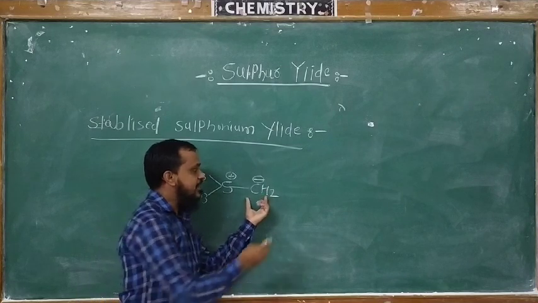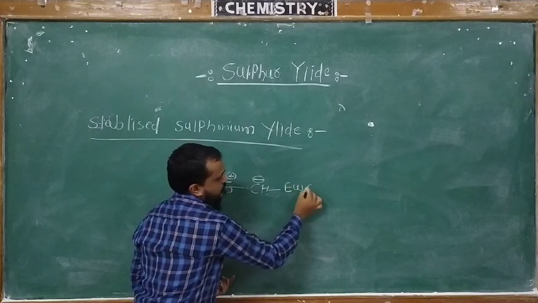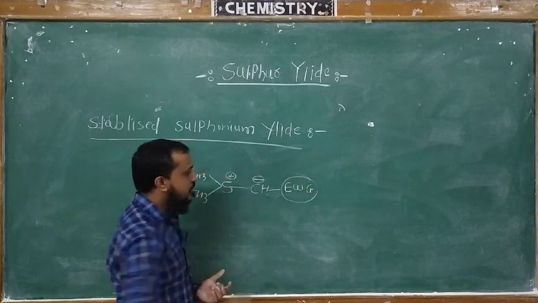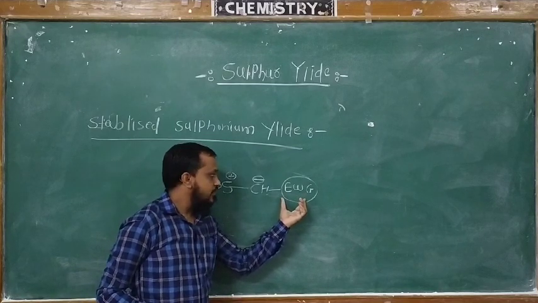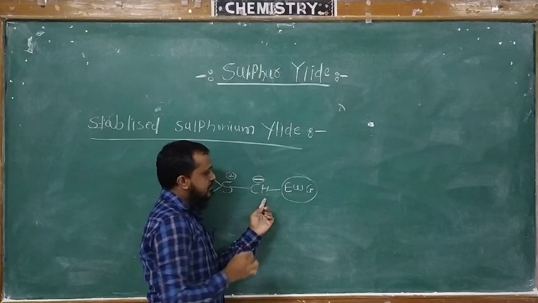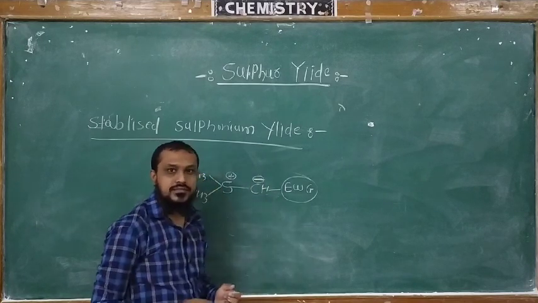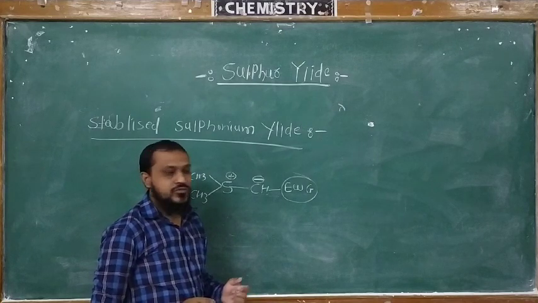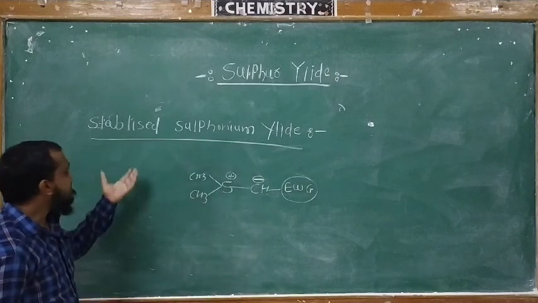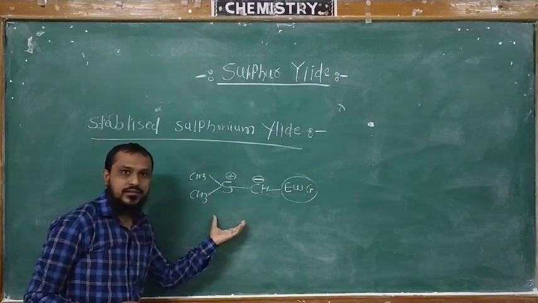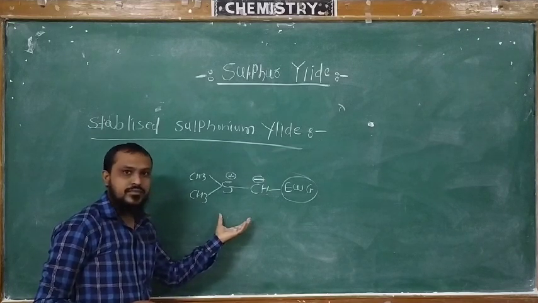Suppose this carbon atom is attached with an electron withdrawing group. Due to the electron withdrawing group, the negative charge of this carbon atom of sulfonium ylide is stabilized. So these types of sulfonium ylide are called stabilized sulfonium ylide. How to define it?